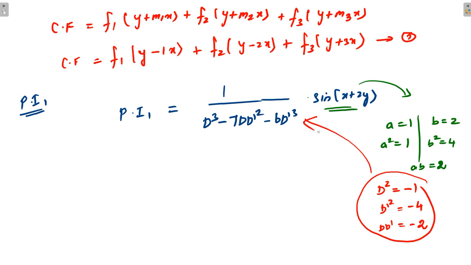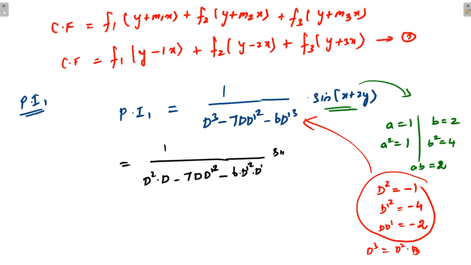Now I am going to substitute these terms in the denominator. But in the denominator you only get d cube and d dash cube coming. So in this case, try to split d cube as d square into d. Like this, you can substitute. So now I'm going to rewrite 1 by the denominator as d square into d minus 7 d dash square minus 6 d dash square into d dash.